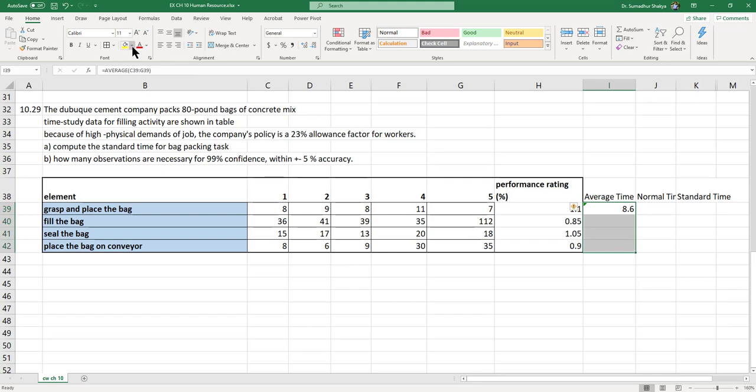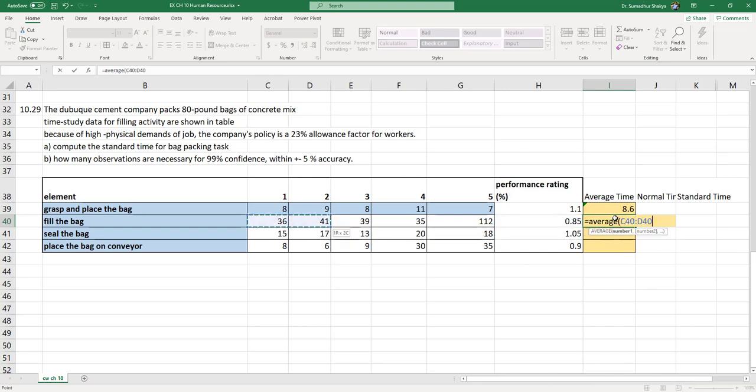Gonna color this slightly, and then for all these numbers that are given to me, then for this one equals average of 3641, and that's where I'll stop because 112 looks like an outlier.